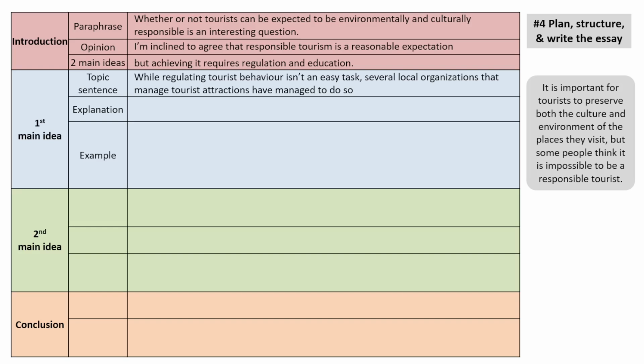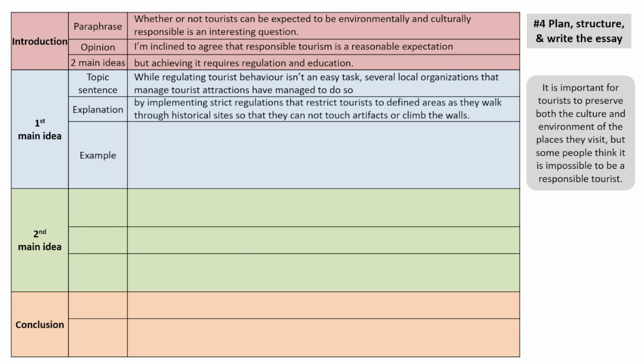It identifies the main idea of my paragraph. Then I have my explanation, where I elaborate on my topic sentence and explain what I mean to the examiner. And often a good way to think about your explanation is to imagine explaining your idea to a 10-year-old child.